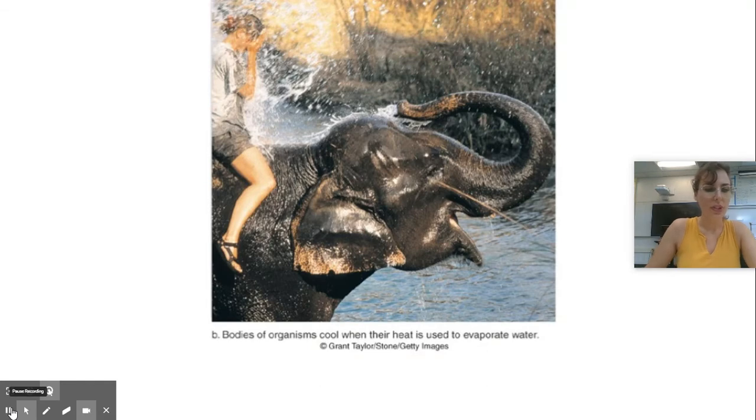Okay, so what's going on here? All right. So this elephant, it's putting water on its body, okay, and whoever's riding on top of it. And so this helps cool that organism, right? So as we move around, we think of the first law of thermodynamics, right? That energy can never be created nor destroyed. And then the second one is that every time it changes form, you lose some of that as heat, right?